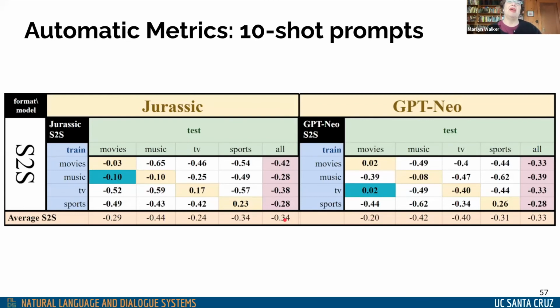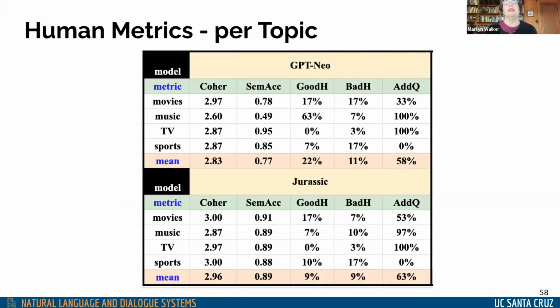But the other thing is that these differences aren't statistically significant. If you just look at the BLERT score, it looks like Jurassic and GPT-Neo are doing just as well as each other. And as I said, part of what we were trying to do is figure out whether it was good or not to use BLERT.